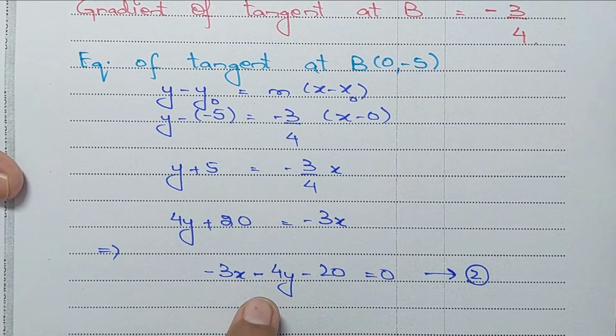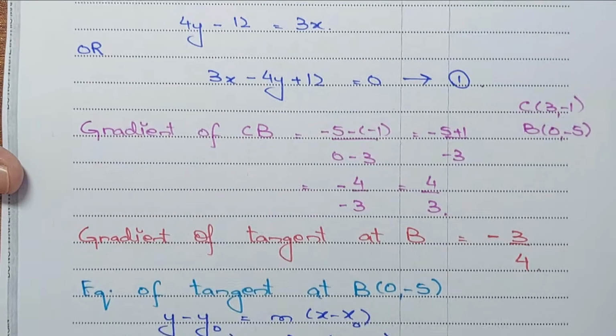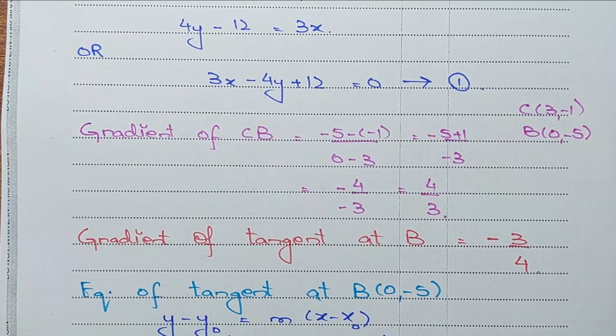Now we have the equation of tangent at point B and the equation of tangent at point A. We need to find the point where the two tangent lines intersect, the point of intersection, right?